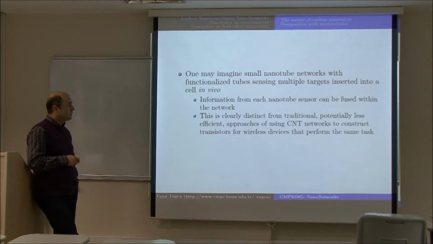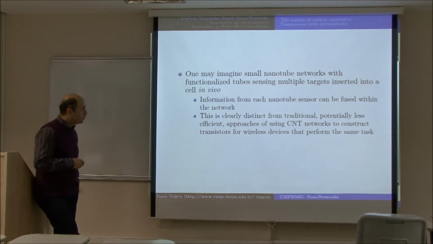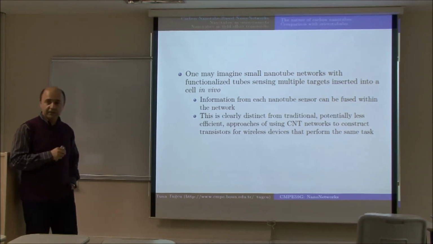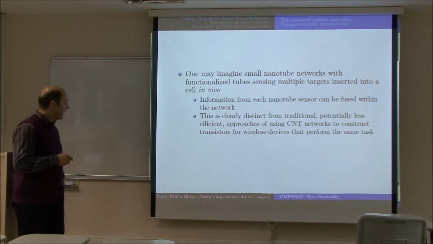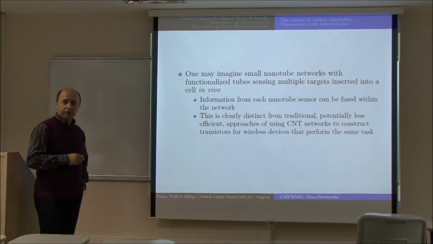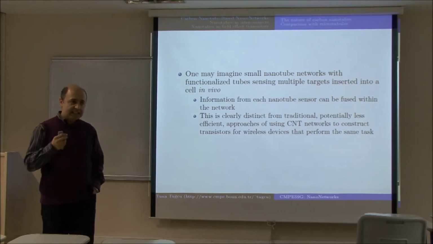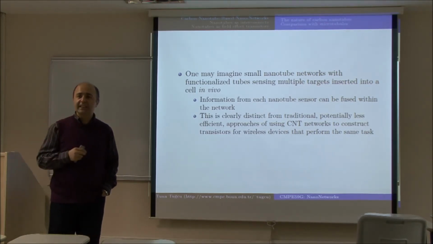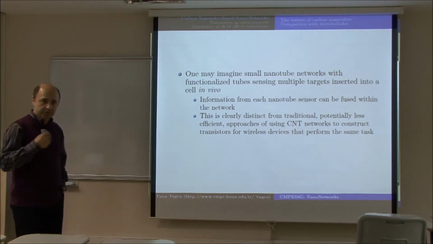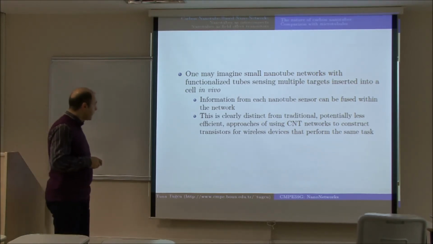So you can imagine small nanotube networks with functionalized tubes sensing multiple targets inserted into a cell in vivo. In vivo means doing it in a live organism.